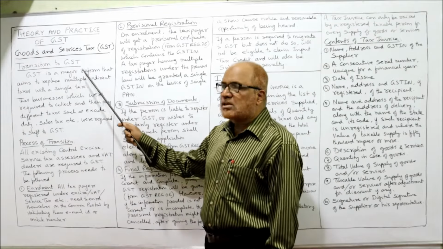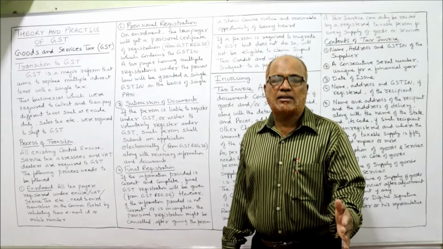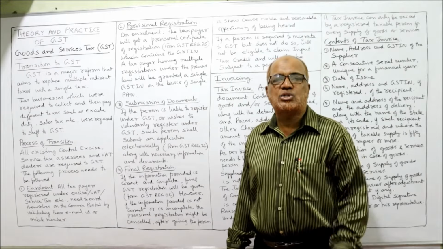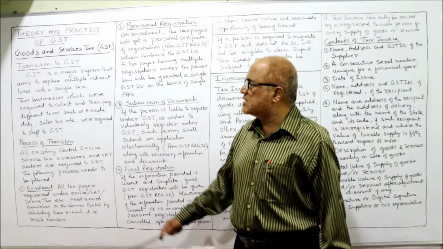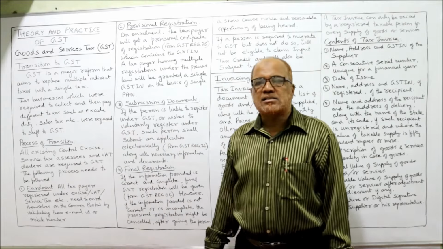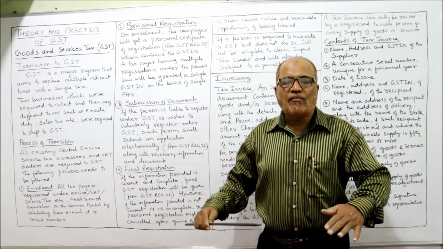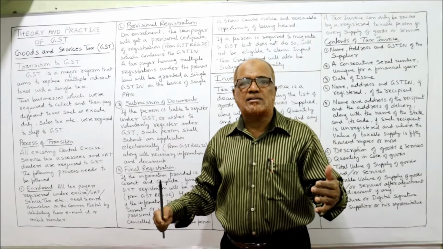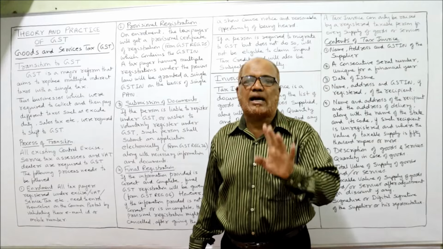GST is a major reform. A few years back, the government implemented GST. It's a major reform in indirect taxes that aims to replace the multiple indirect taxes with a single tax. So instead of having multiple indirect taxes, our aim is to convert them into a single tax.